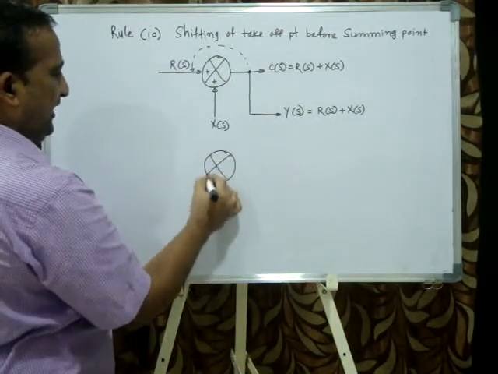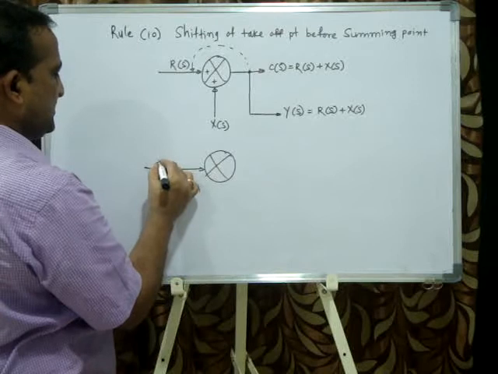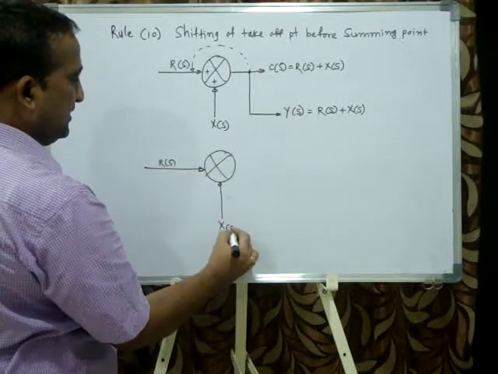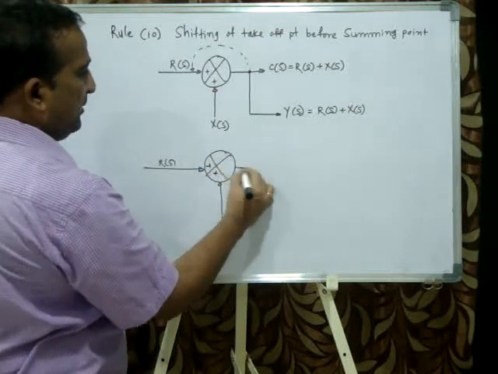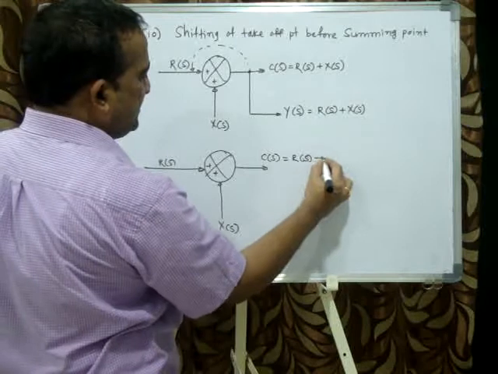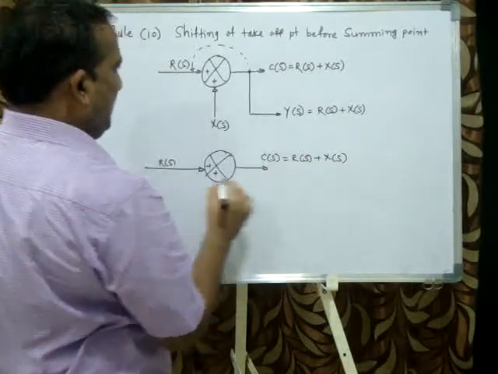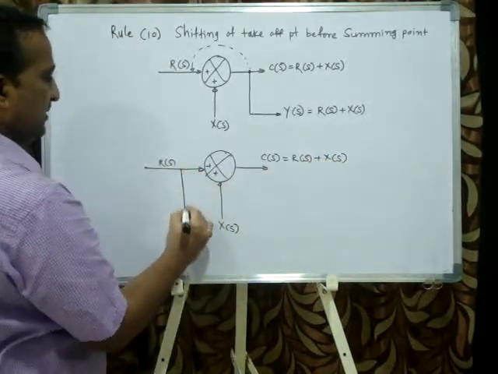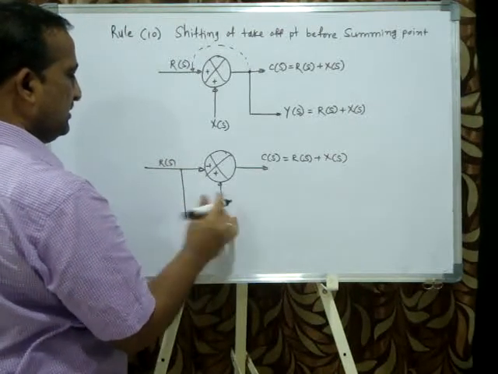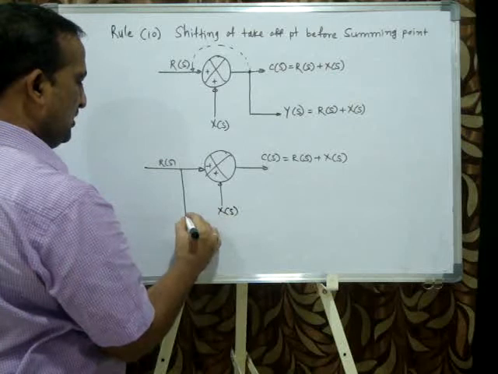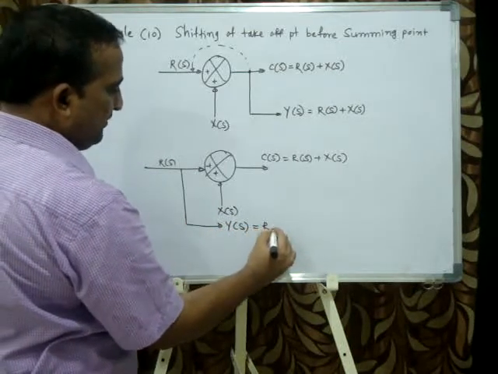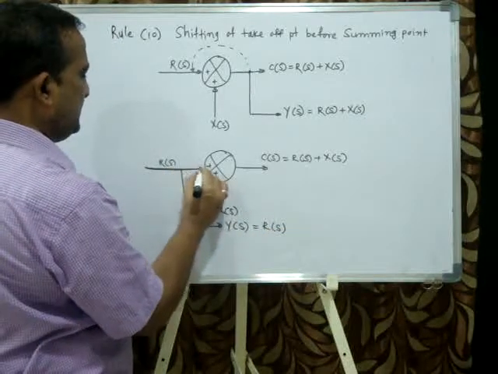Now the summing point, R of s, here X of s, okay, here C of s remains the same, R of s plus X of s, and here that is what? Y of s. Now Y of s is R of s, because here the signal available is R of s only.